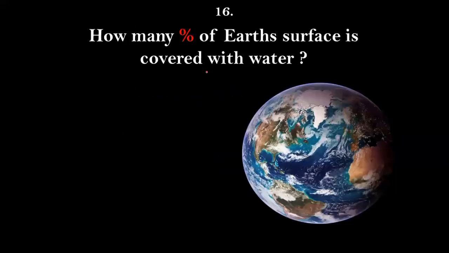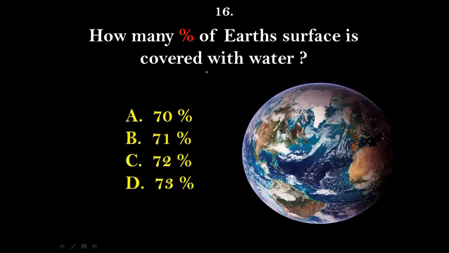Next, question number 16. How many percent of Earth's surface is covered with water? Options given here are 70%, 71%, 72%, or 73%. The right answer for this will be option number B, that is 71% of Earth's surface is covered with water.